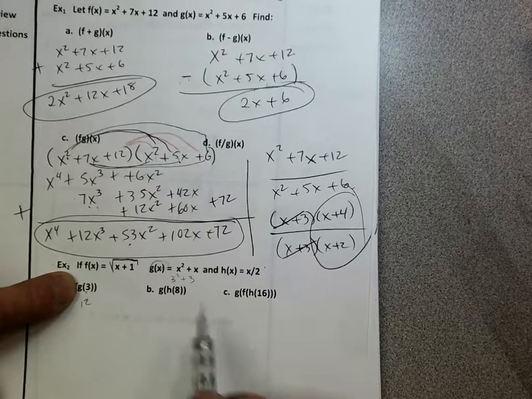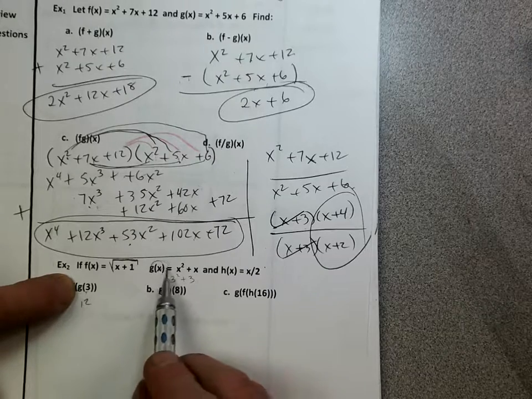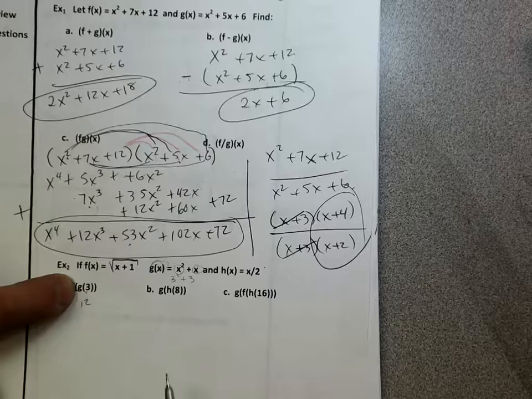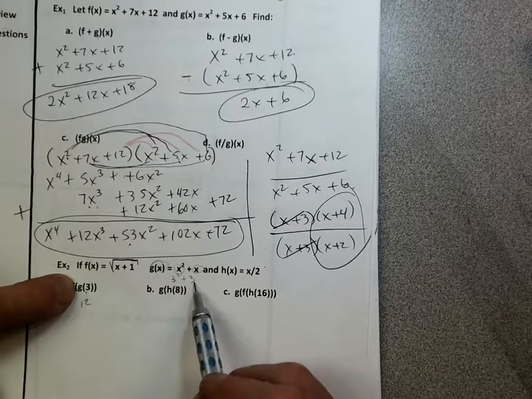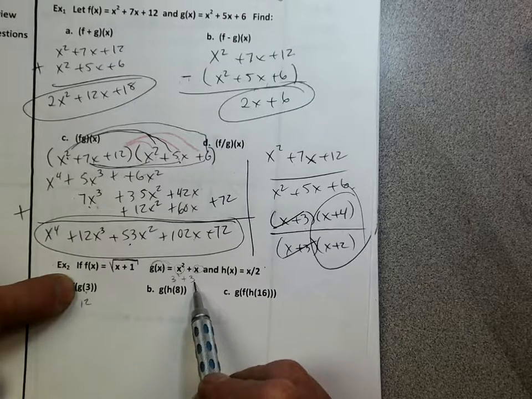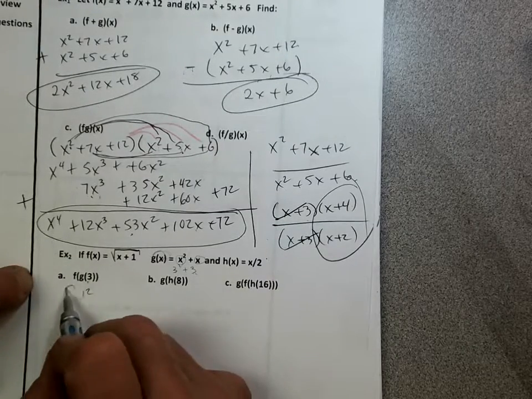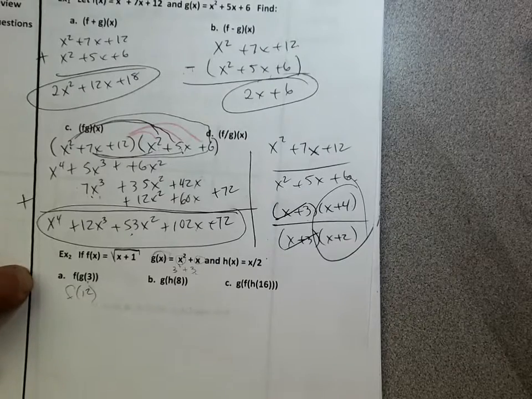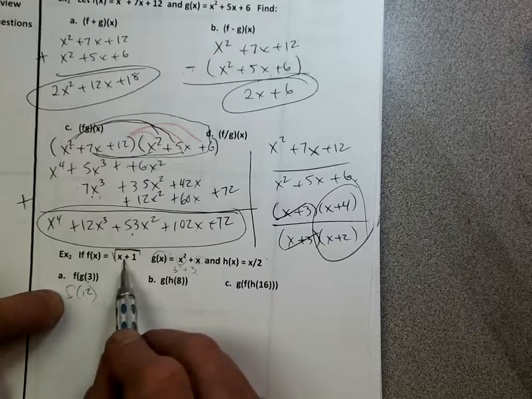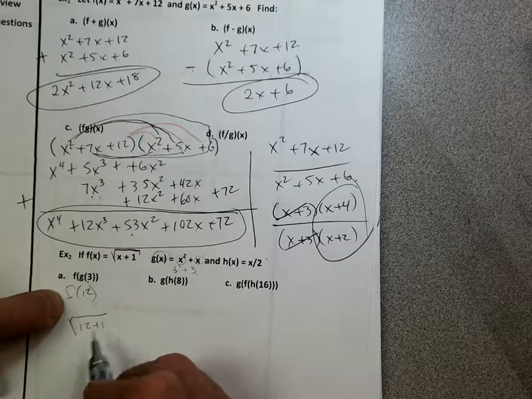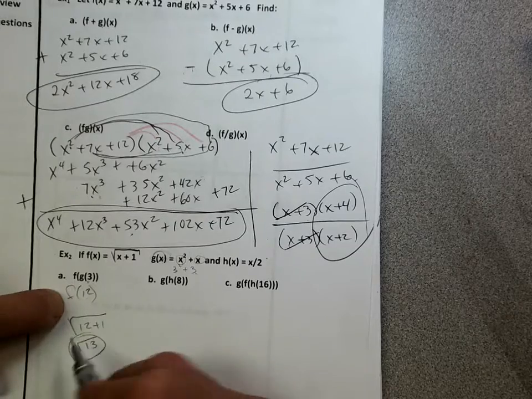So 3 went right into the g. Now, there's more to this question. Take f of 12. I can do that. Put 12 into the f function, which gives me the square root of 12 plus 1, which is the square root of 13. That's my answer.